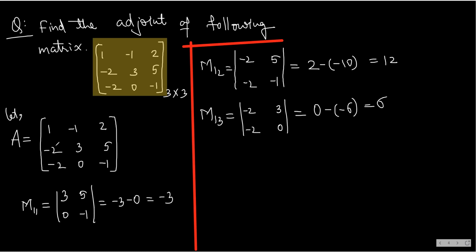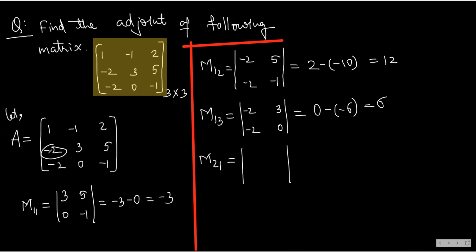Then after that, you get M21. Now you go for this. We have found the minors of this, this, this. Now we'll go for this, this, this. So here I have the minor of -2. What is M21?